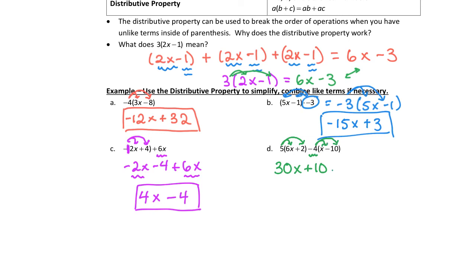So I've got negative 4x or minus 4x, and then negative 4 times negative 10 is positive 40. My like terms on this one are going to be the 30x minus the 4x. So I get 26x. And then I have the 10 plus the 40, so I get plus 50. And there is my final simplified term.